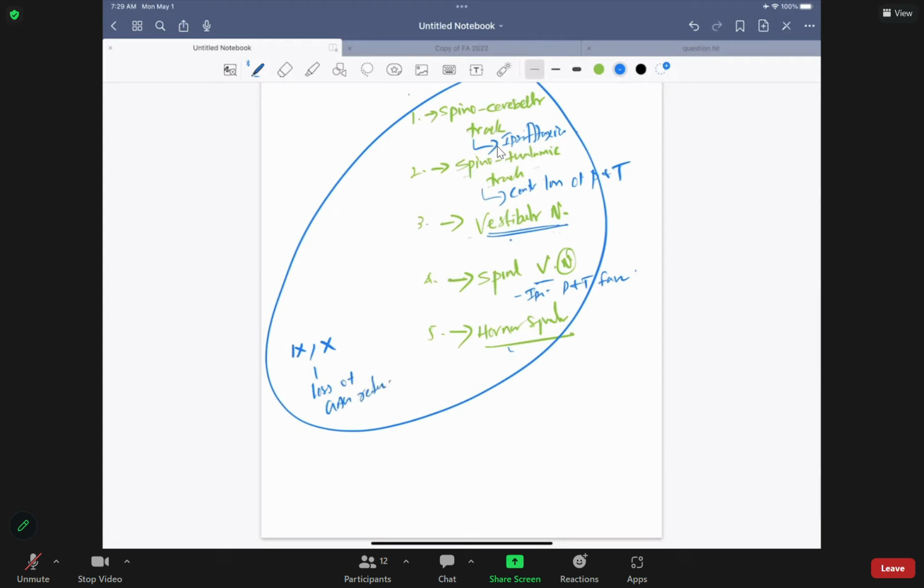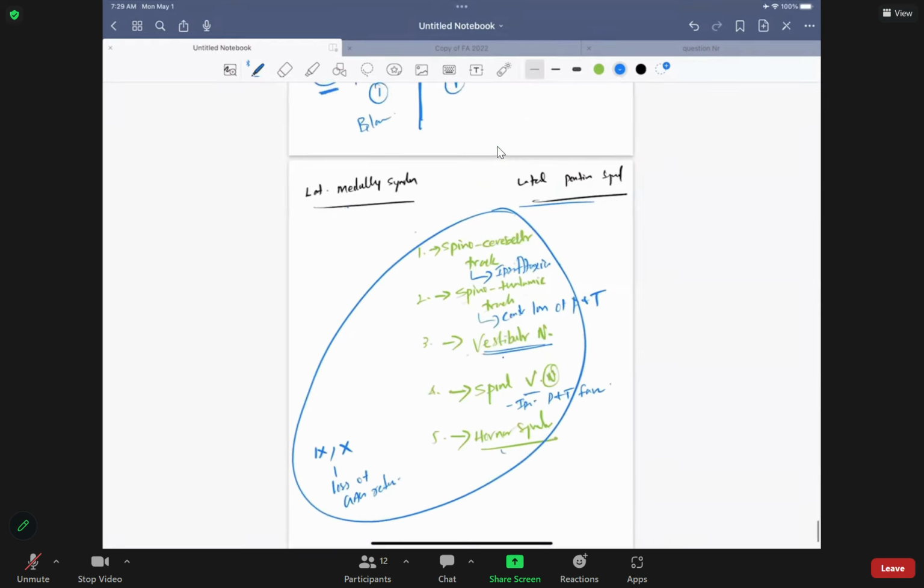Does that make sense, folks? One for sensory and one for motor. What else? Dysarthria, dysphagia, so many issues there, folks. You all know cranial nerves 9 and 10, so you should know all the functions, and all of them will be lost. Can you get hoarseness? There you go. So all the functions of cranial nerves 9 and 10.